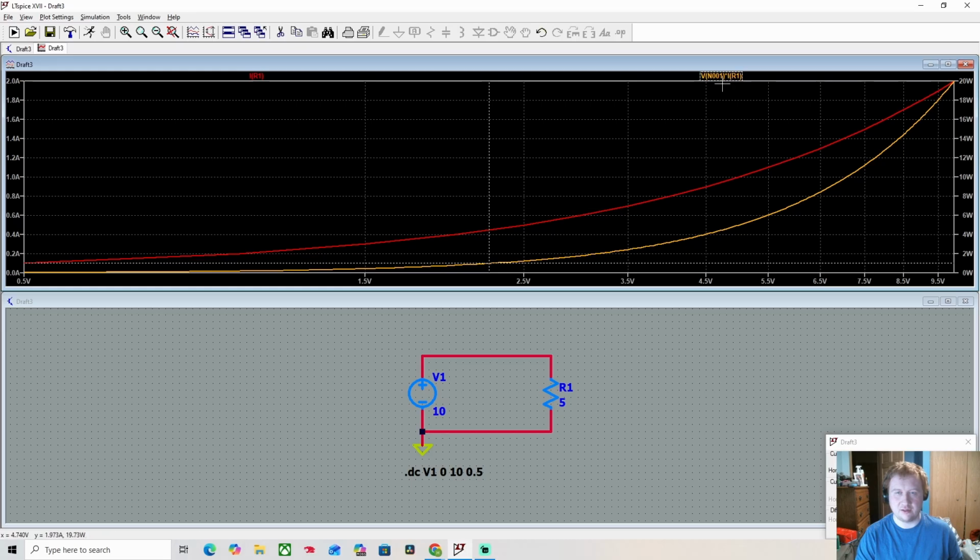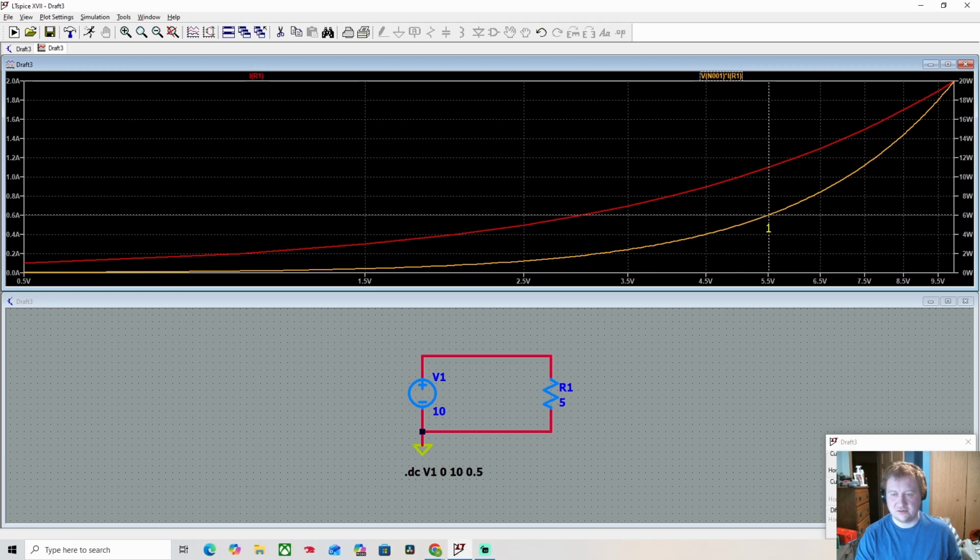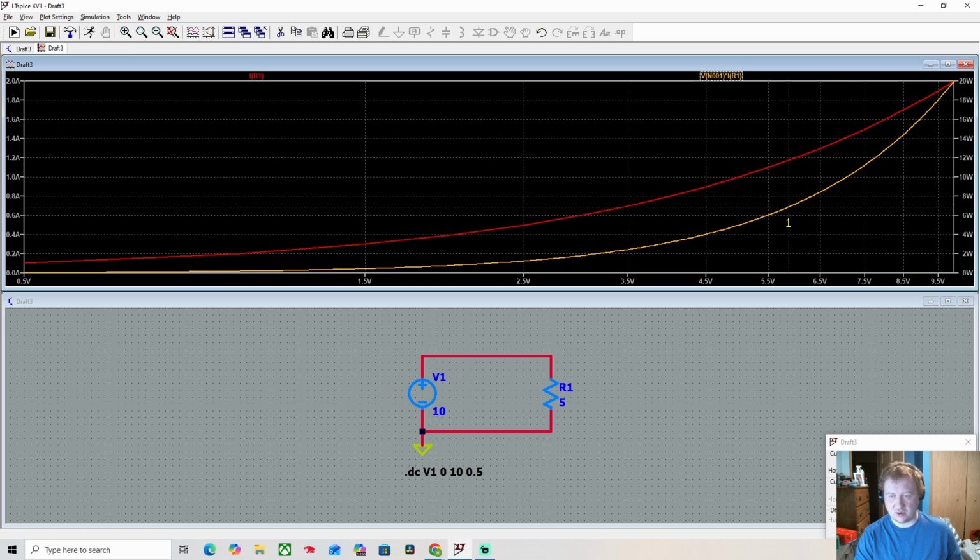If you click the trace of your choice, you can pick certain values. So back at 5 volts, I think it was, yeah, 5 volts gives you 5 watts. 5.5 volts gives you 6 watts. 6 volts, I'm confusing myself here, gives you 7 watts.